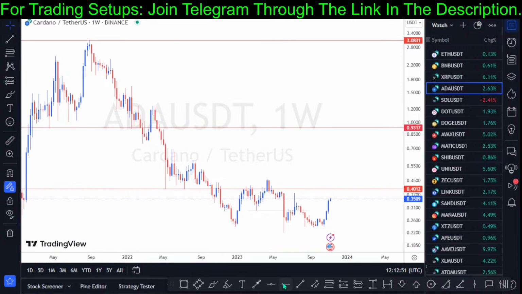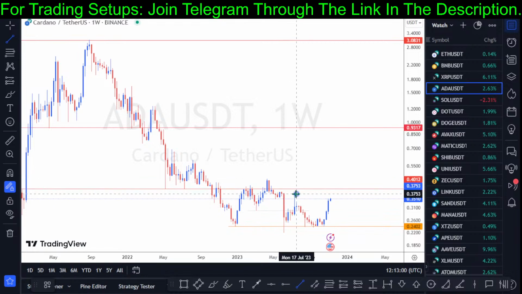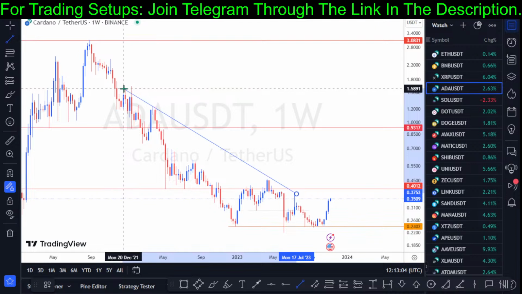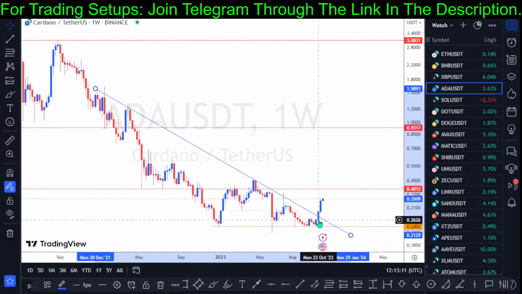So we have a potential support at the price of the 0.2402, and right from this swing high all the way to this swing high right here, we are able to connect price all the way up. Let's zoom in. You can see that price is currently breaking out of this trend line. So we still have a potential resistance structure above.